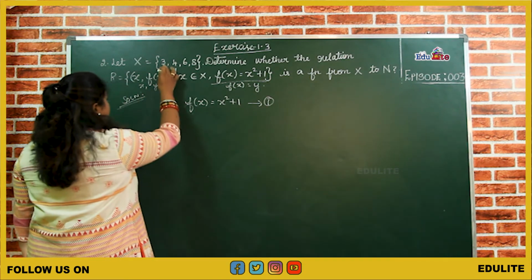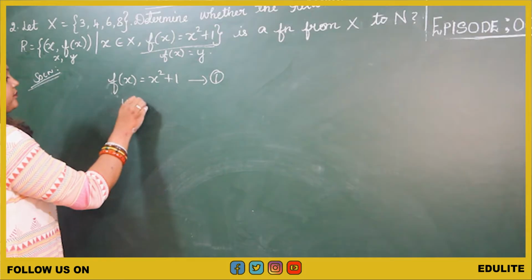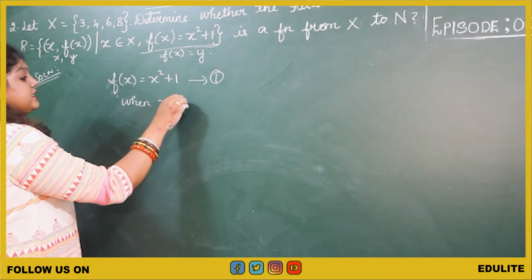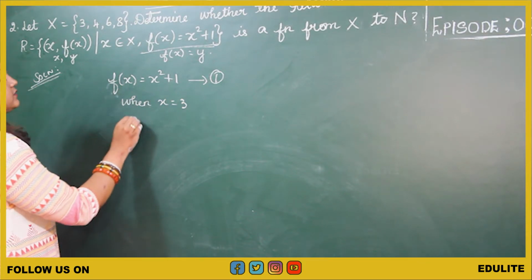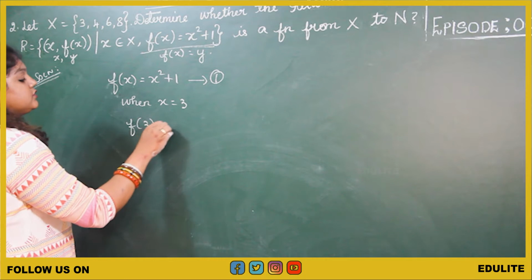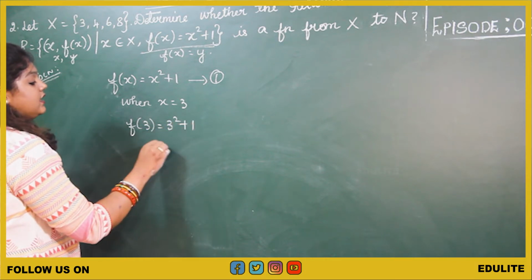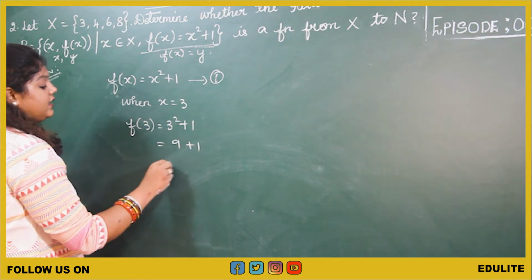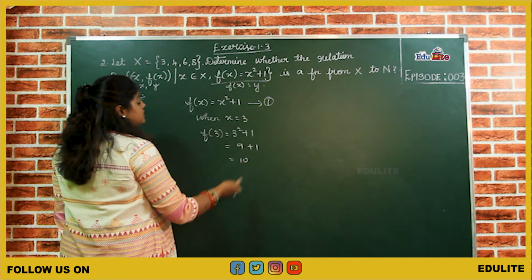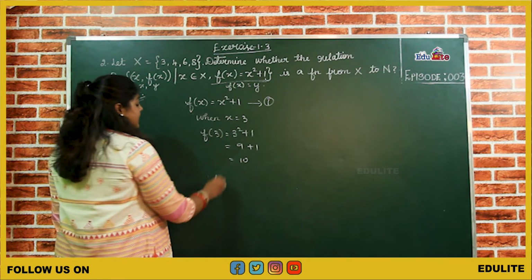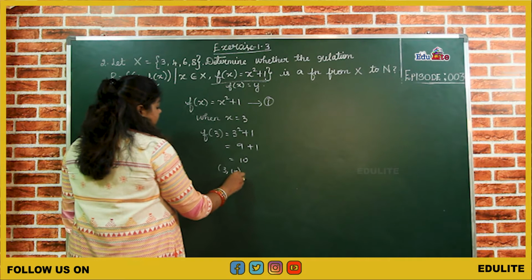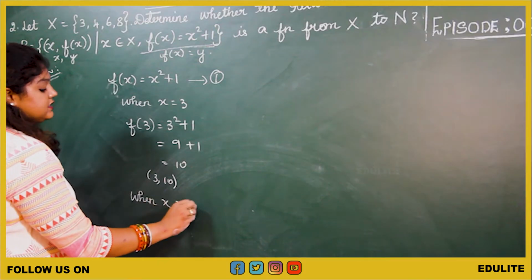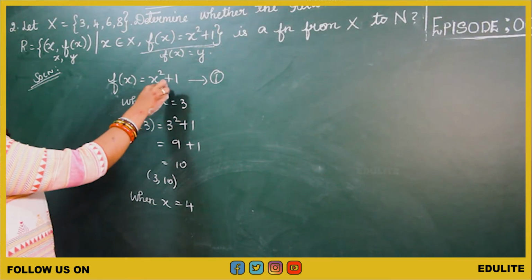First we will take the x value as 3. Substituting x equals 3, f of 3 equals 3 square plus 1, 3 square is 9 plus 1, 10. So when x equals 3, we got the value of y as 10, (3, 10). Next, when x equals 4, we substitute 4 in this equation.